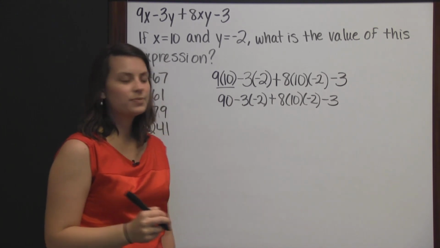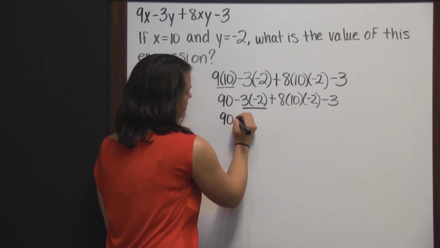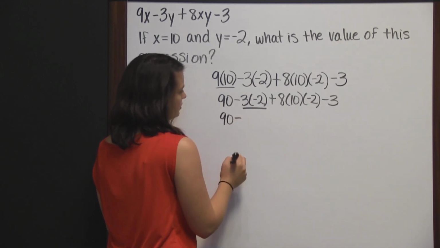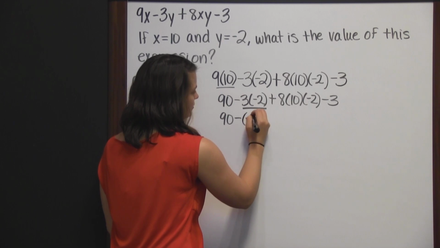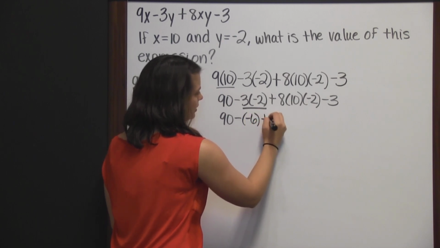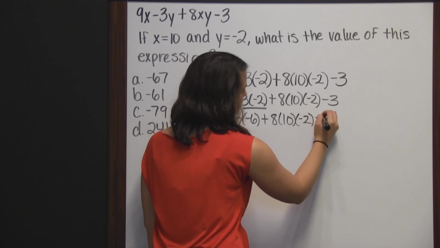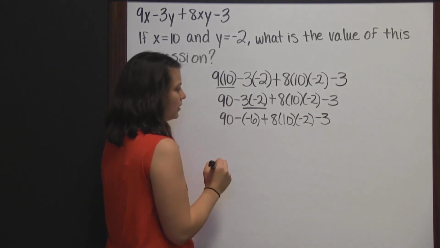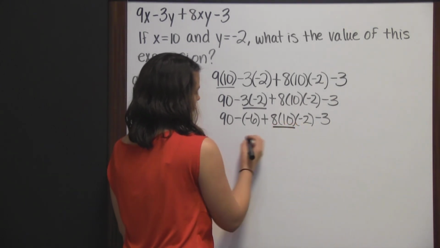Our next set of multiplication would be right here. So I'm going to bring down my 90 minus 3 times negative 2 is negative 6. Plus 8 times 10 times negative 2 minus 3. Our next set of multiplication would be 8 times 10.